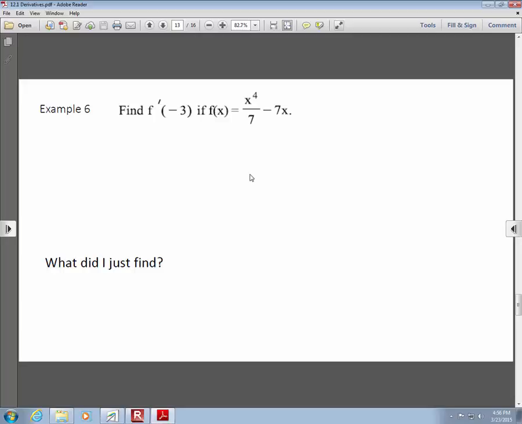Well, what is 4 times negative 27? Negative 27 times 4 gives me 108, so it's going to give me negative 108 over 7 minus 7.